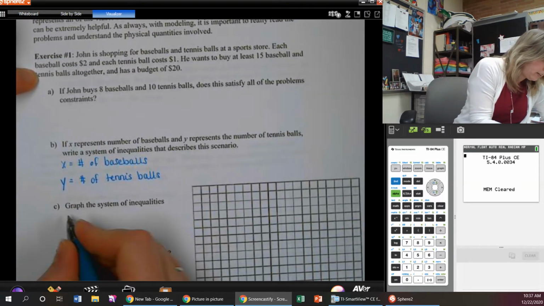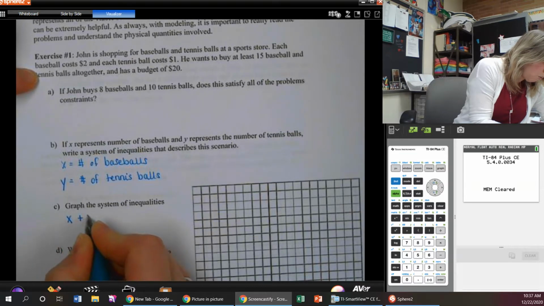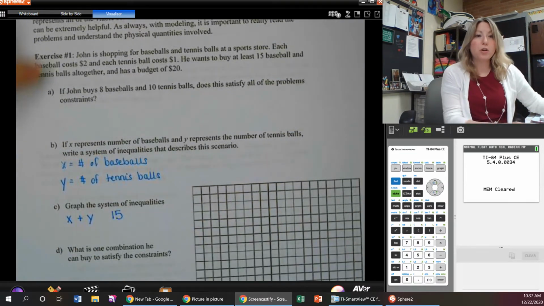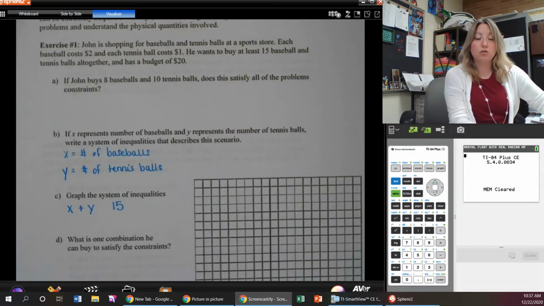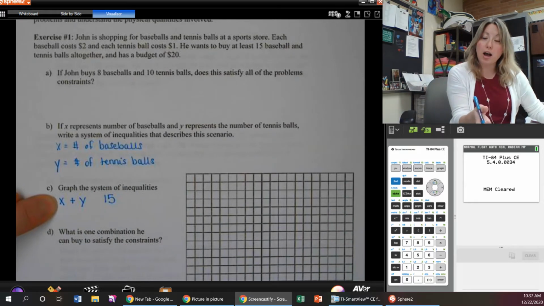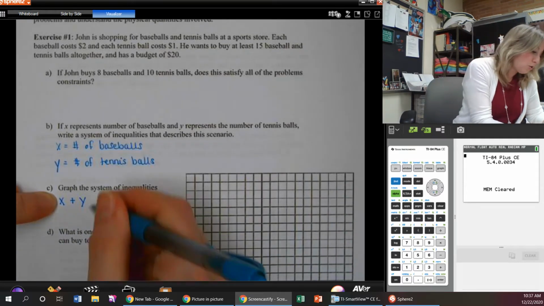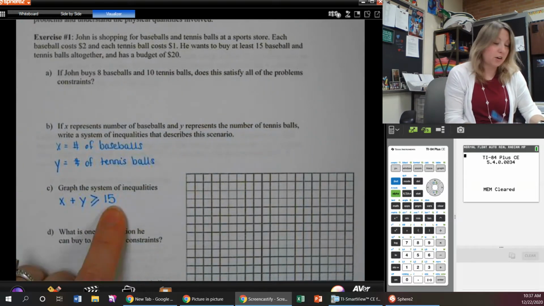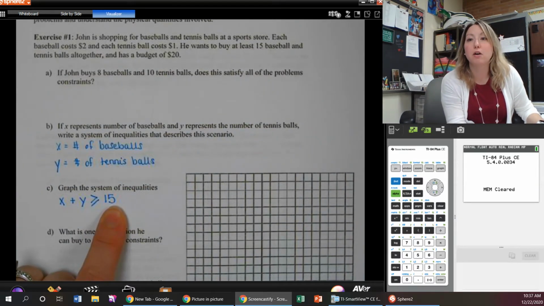So that means X plus Y is something compared to 15. So he wants at least 15 total baseballs and tennis balls, right? So this X plus Y has to be greater than or equal to 15. 15 is the smallest amount of baseballs and tennis balls he can have.